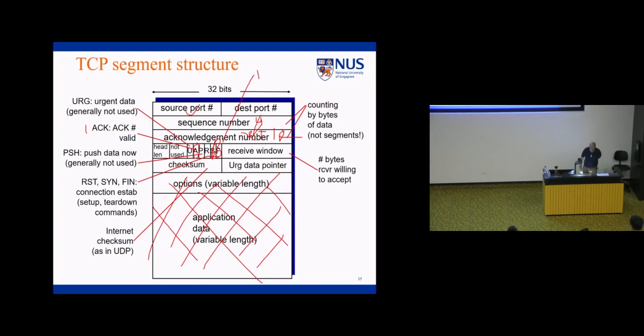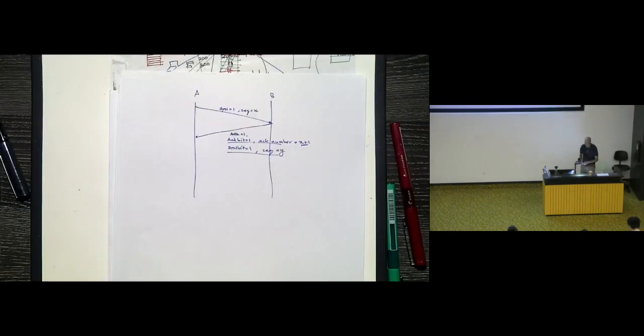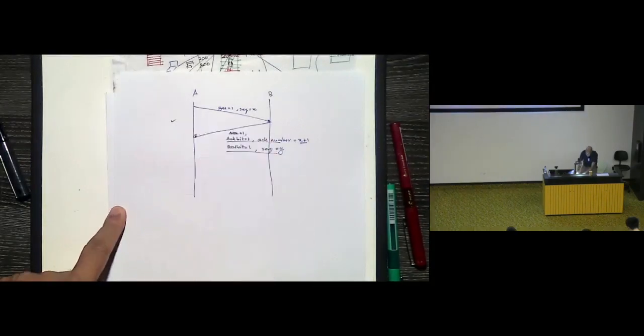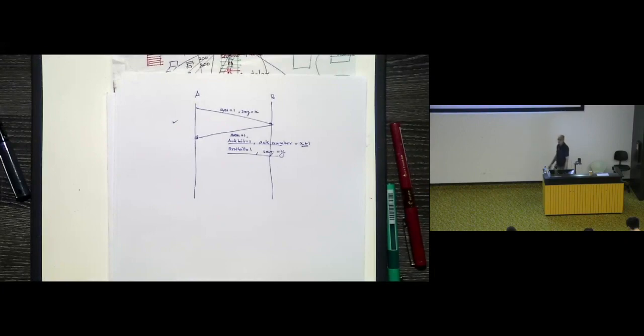Okay. And now, once this packet comes here, as far as A is concerned, it knows that its request was accepted. But it also sees that the other side is requesting to open their direction of the connection.